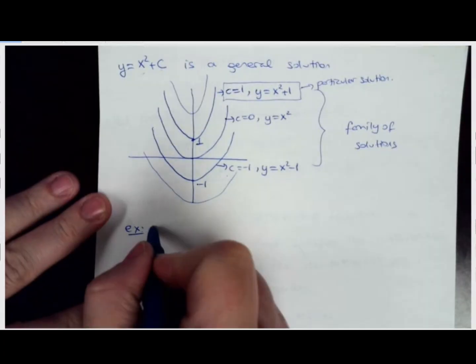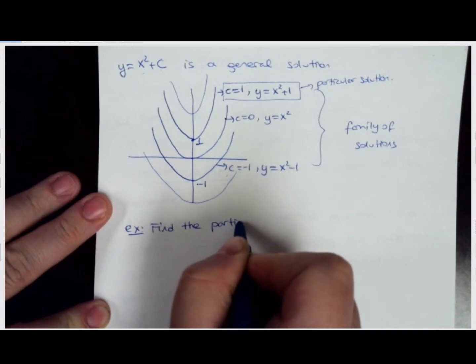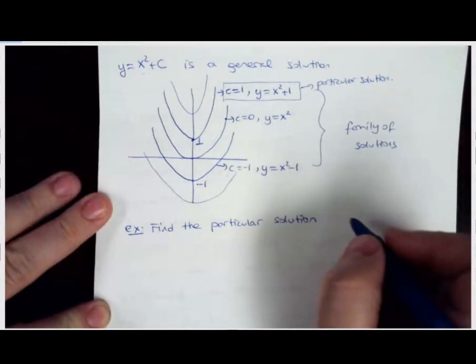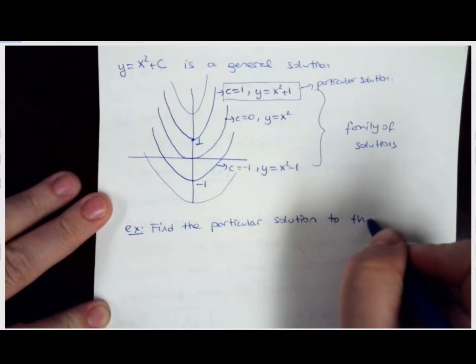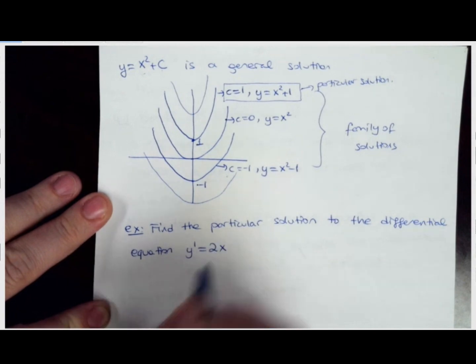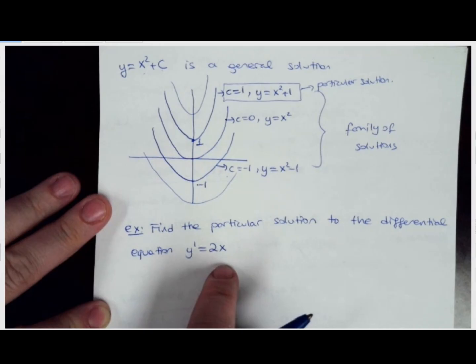So let's find the particular solution to the differential equation y prime equals 2x. This is the equation that we already discussed.